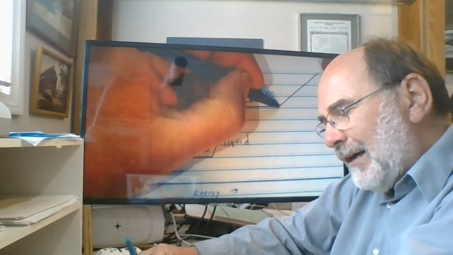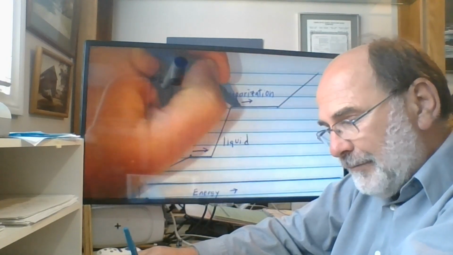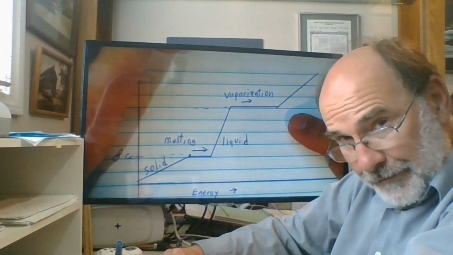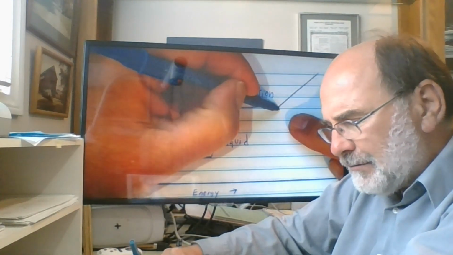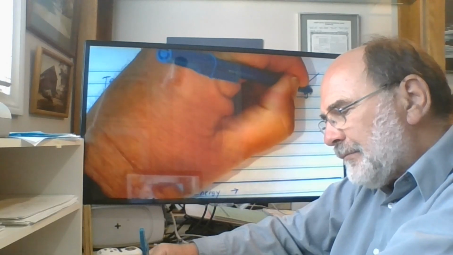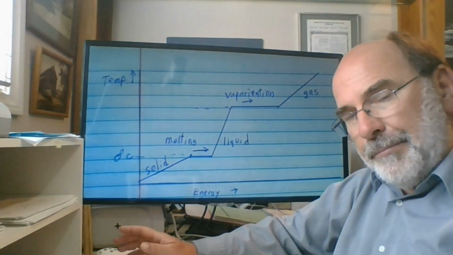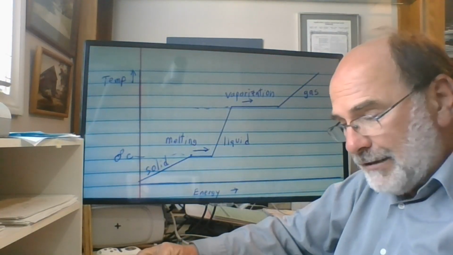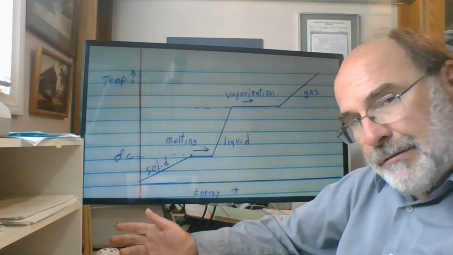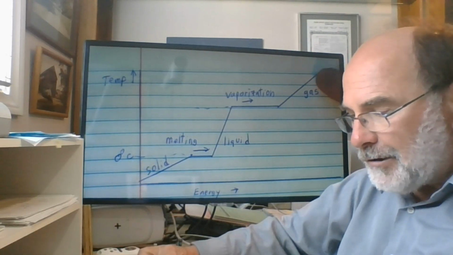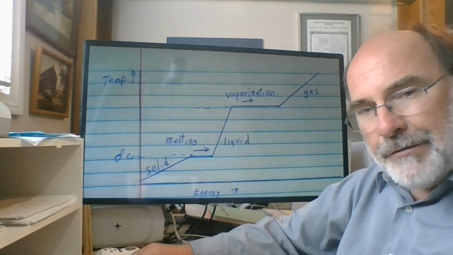But once I have added enough energy to transform it into this indefinite volume, indefinite shape, we call that the gas phase. And at that point, if I continue adding heat energy to it, its temperature continues to rise. And that slope can be different from the other two slopes.